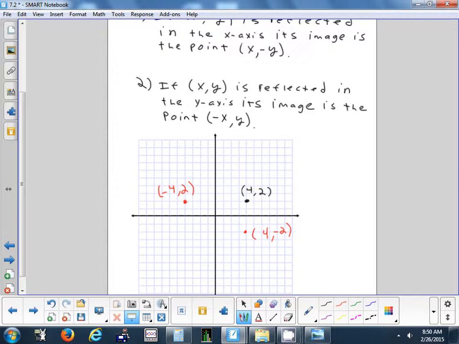A lot of lines you reflect over can be at angles. Especially in a video game, like if you were looking at a mirror but you weren't right in front of it, you were looking at it at an angle. Or you were looking into a puddle on the ground that was reflecting. So there's different kinds of reflections that can happen at different angles.